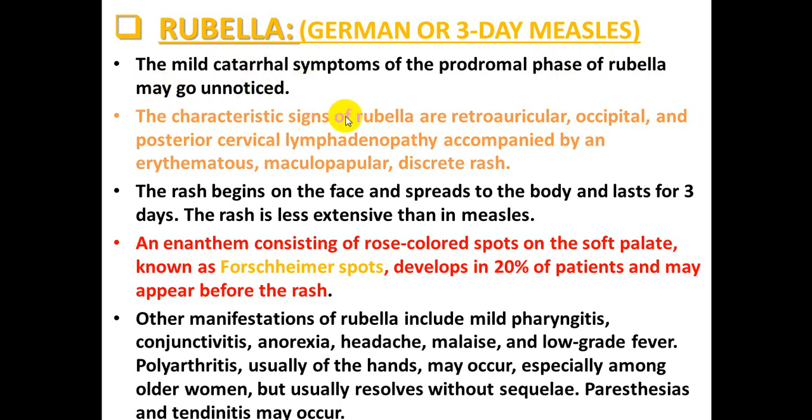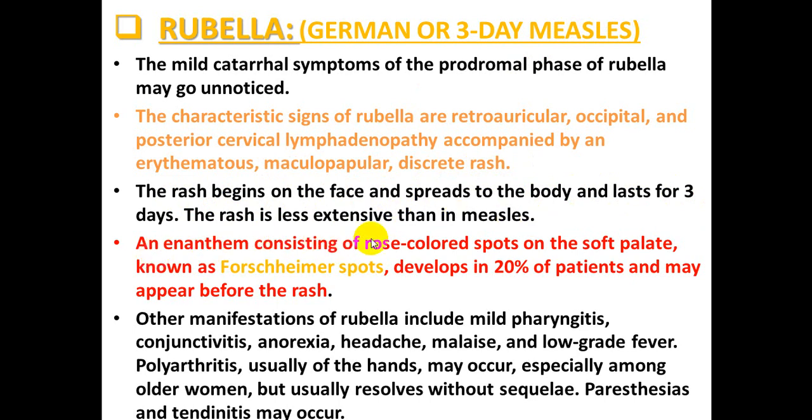While the characteristic signs of rubella are the retroauricular, occipital, and posterior cervical lymphadenopathy associated with erythematous maculopapular rash. The rash begins on the face and spreads to the body and lasts for about 3 days, so it is called 3-day measles. The rash is less extensive than that in measles.